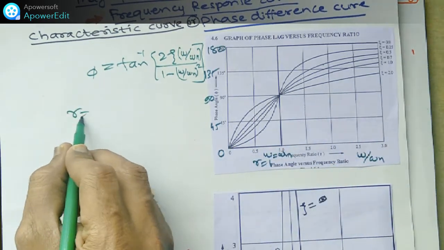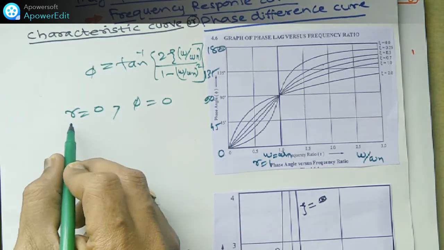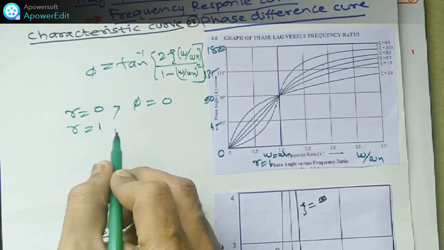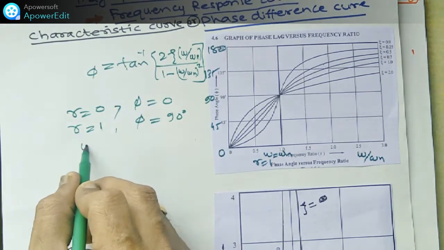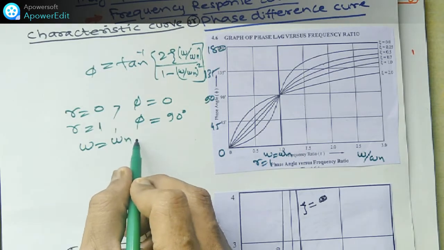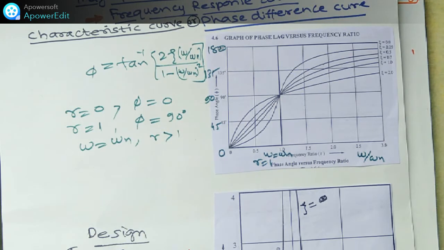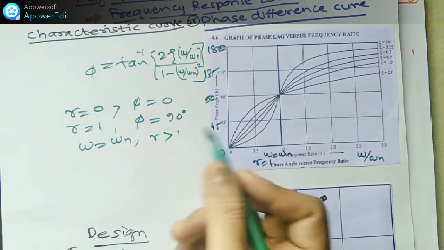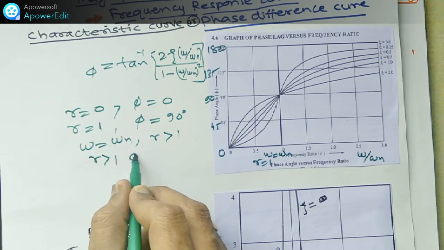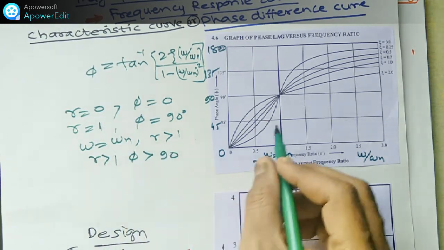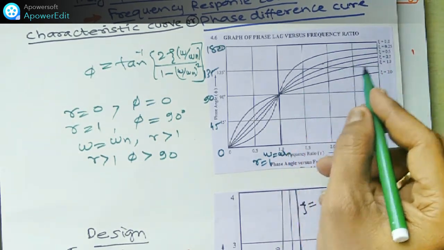At r equal to 1, the phase angle becomes 90 degrees. When r is greater than 1, phi is also greater than 90. In this case, as r increases, phi is also increasing, as the curve shows.